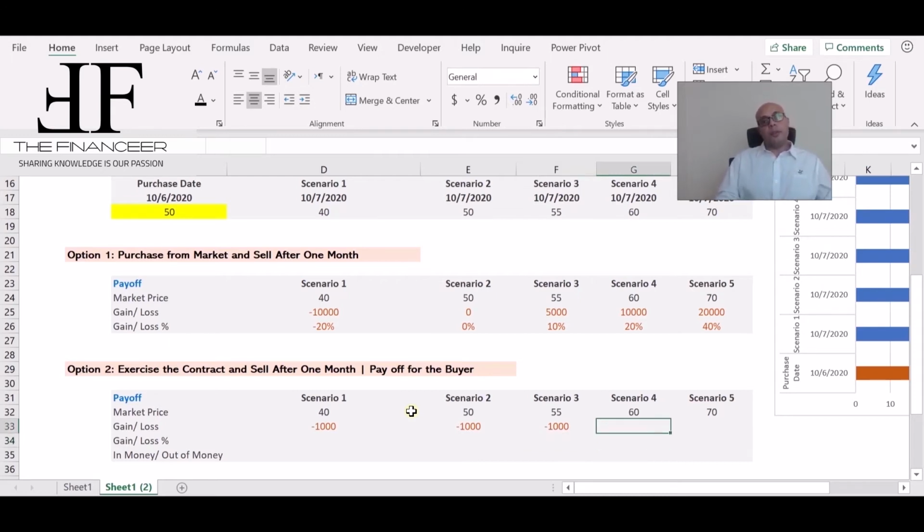What if in scenario 4 the market price increased to 60? Now you have two options: go to the market and purchase at 60, or exercise the contract and pay 55. Definitely the answer is to exercise the contract and pay 55. In this case, you start to achieve some gains, because if you exercise the option and purchase at 55, you can sell the same stock on the same day at 60.